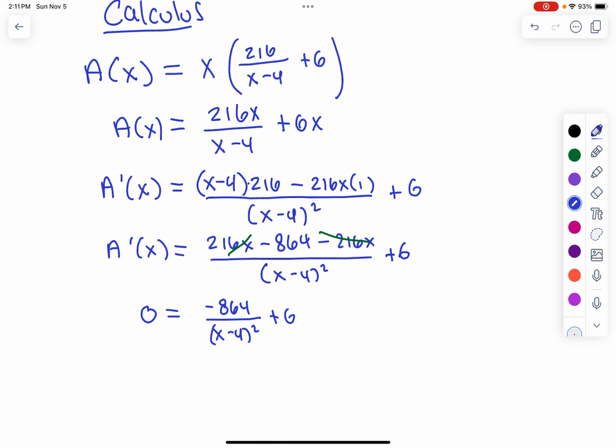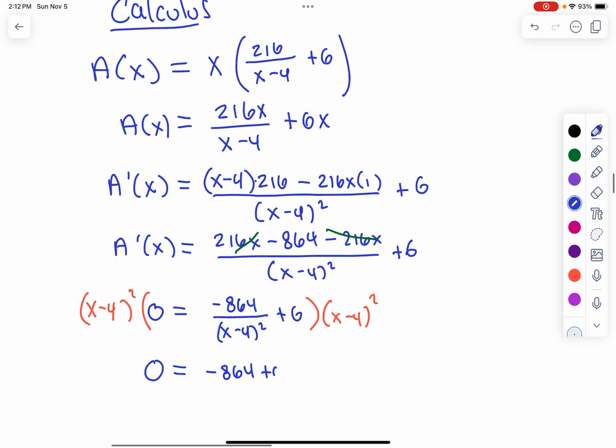I'm going to multiply everything through by (x minus 4) squared, which you can do because it's going to clear that denominator, and I'm not multiplying by 0 because x is not going to be 4. So the left side becomes 0, and I get negative 864 plus 6 times (x minus 4) squared.